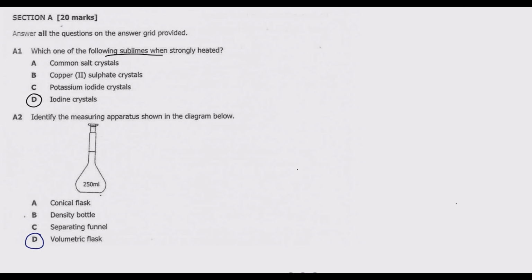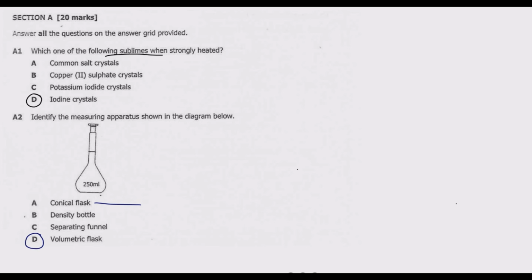Lastly is the conical flask, which is used for holding and mixing liquid. You can swirl the liquid as you are using it. Basically this one measures liquid according to graduated marks, which are already marked.